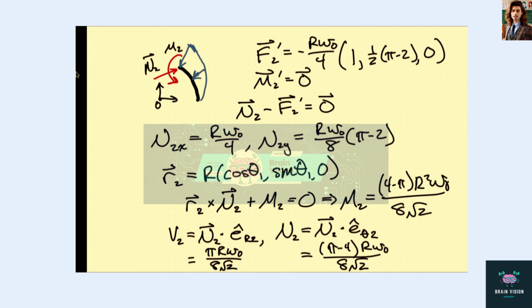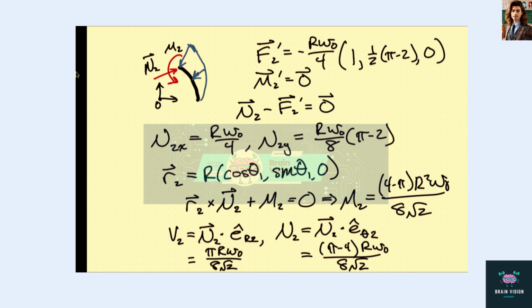If we want the shear and normal force here, we need to dot this with unit vectors in the circumferential and radial directions. So the radial unit vector is actually just this vector here. So we dot N2, the two components of that, with this, and then set theta 1 equals 45 degrees. And we get the shear force there is pi r omega naught over 8 times the square root of 2.